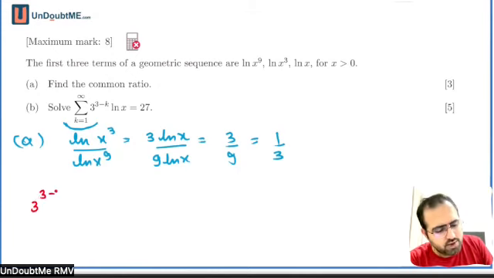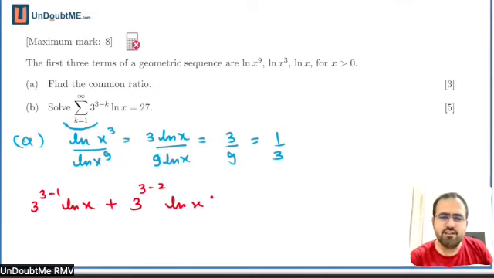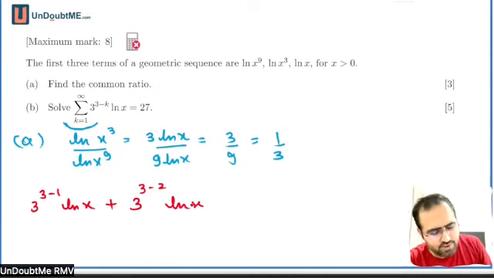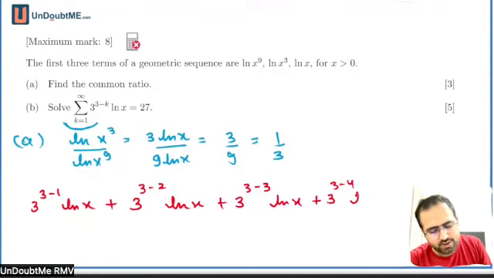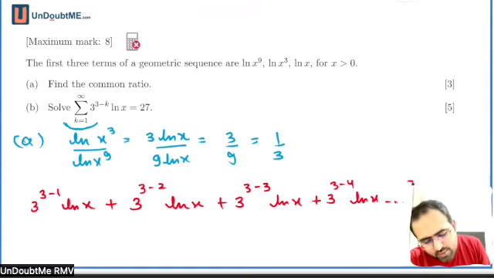So that will be 3 to the power 3 minus 1 ln x, plus 3 to the power 3 minus 2 ln x, plus 3 to the power 3 minus 3 ln x, and then 3 to the power 3 minus 4 ln x, and so on. This will go up to infinity, and that is equal to 27.